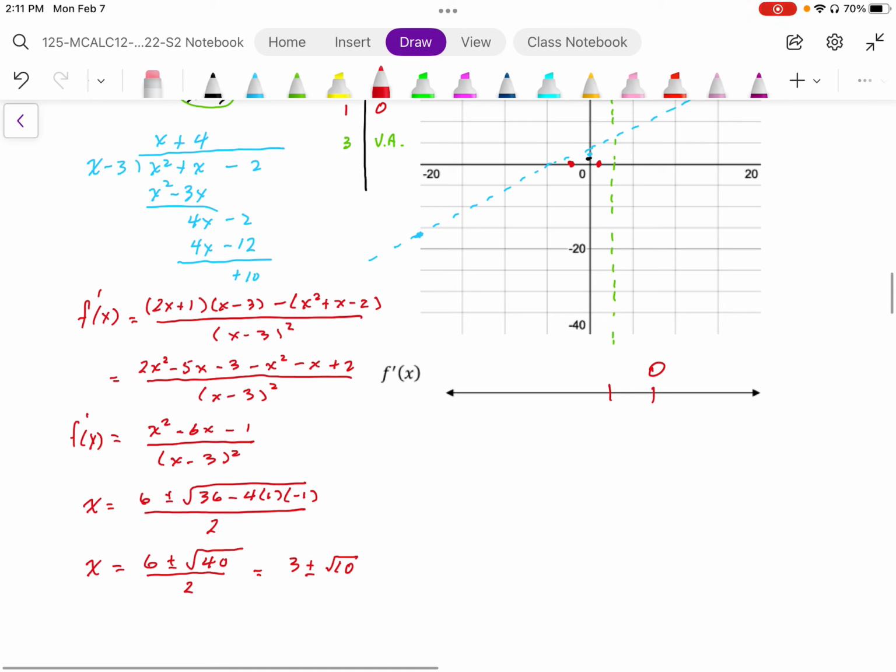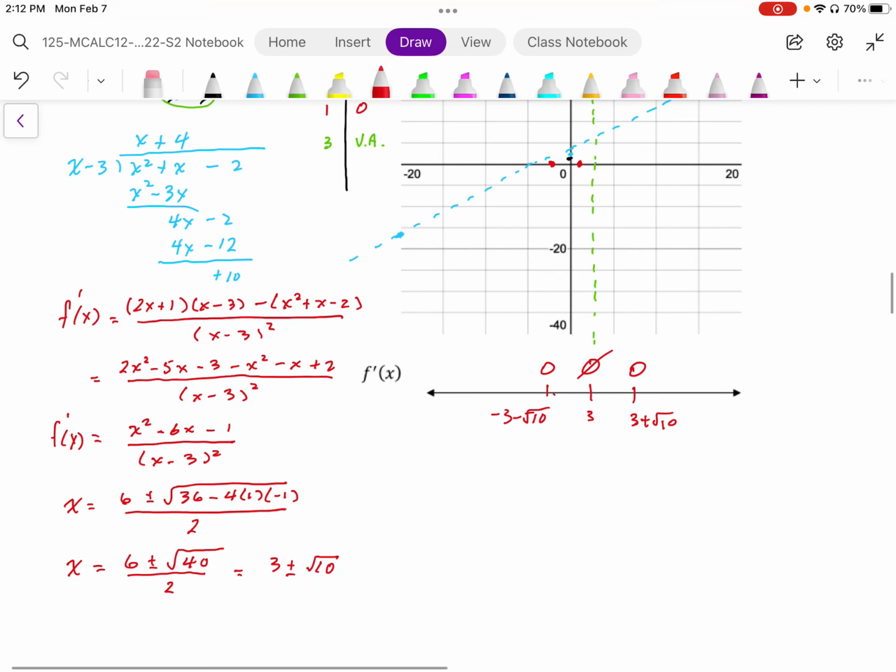We have an undefined slope at 3. So that's going to be 3 plus root 10. At 3 minus root 10, that's about negative 0.2, so I'll write that 3 minus root 10, and there's our 0 slope here.